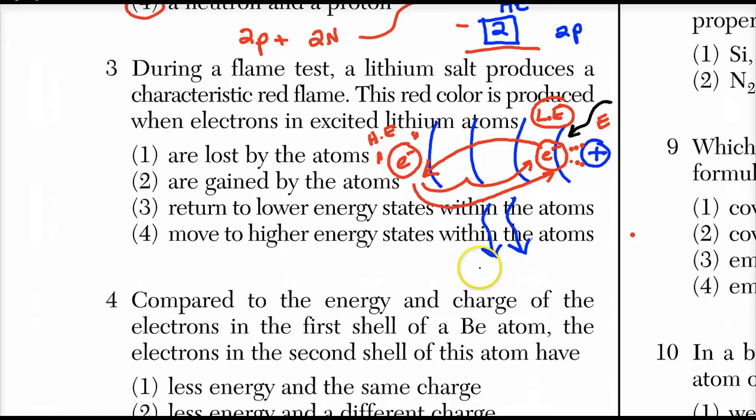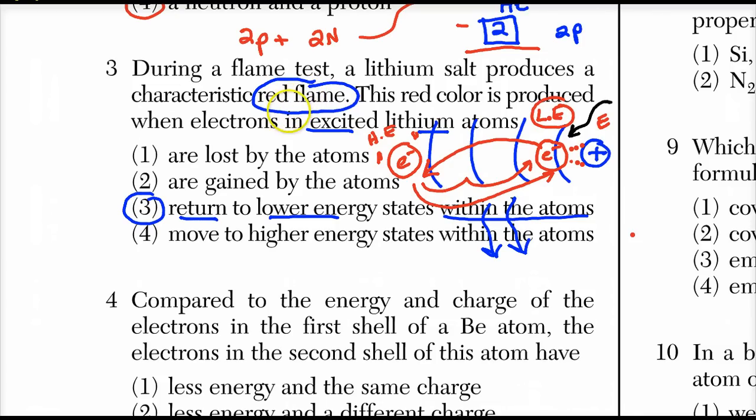So as energy is emitted, they're jumping back to orbitals or orbits closer to the nucleus. So the red color is produced when electrons in excited lithium atoms move to, or return to, lower energy states within the atoms. If you knew nothing about this, in order to emit energy and light, the red flame has a characteristic wavelength which is associated with a frequency and, of course, energy.